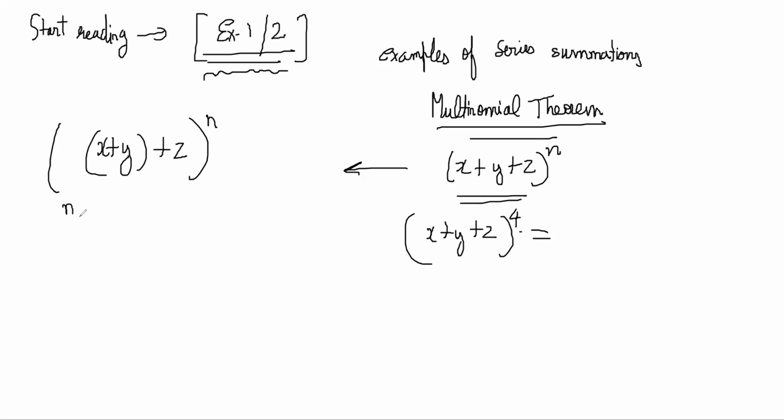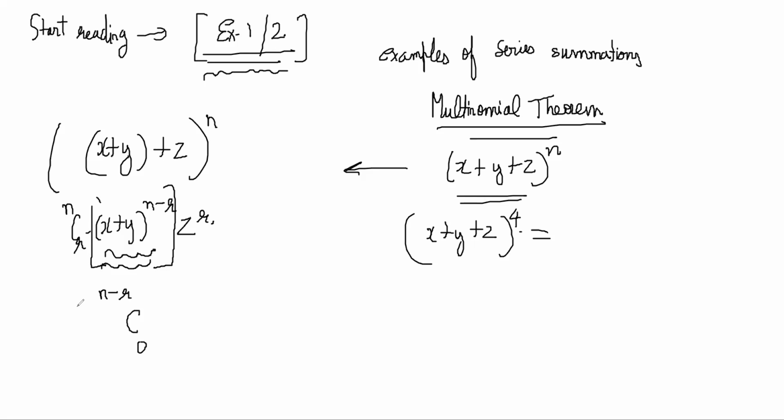You will have to do nCr (x plus y) to the power n minus r, z power r, but then you'll have to do this also. This is also a binomial inside. So this binomial can be expanded as n minus r C s, and s goes from 0 to n minus r, x power n minus r minus s and y power s.